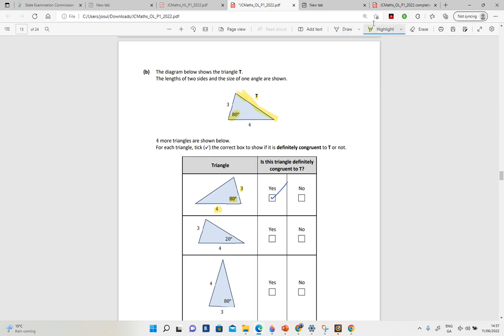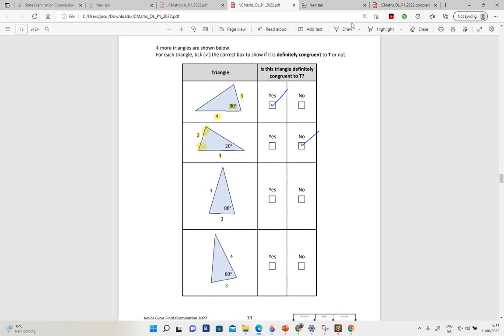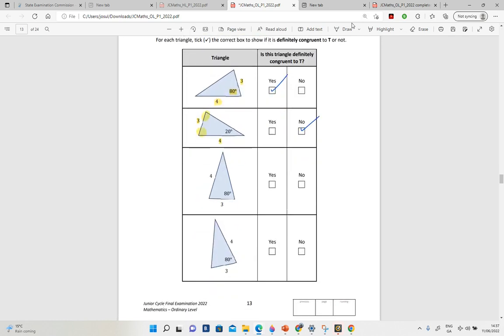Now the next one, we do have the two sides, but we don't have the same angle. We've been given 20 here, but that still doesn't mean we can rely on the fact that these two are the same. So for that reason, we can't definitely say that it's congruent. It might be, but we can't say for sure without more information. The next one, we have that side, and that side, and we have the 80.